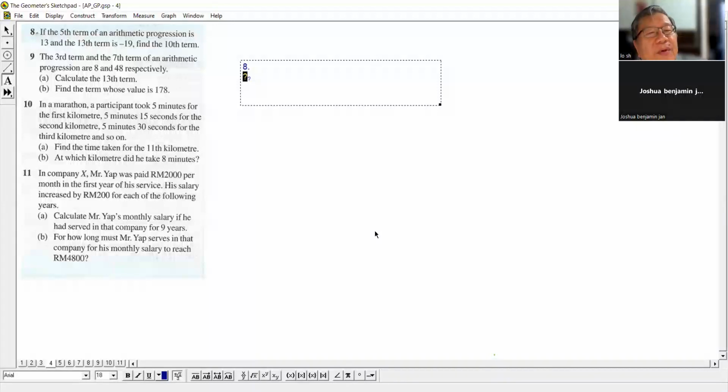So how to write in symbol? T5 equals 13. Yes, T5 equals 13. After writing the symbol, what must I do?